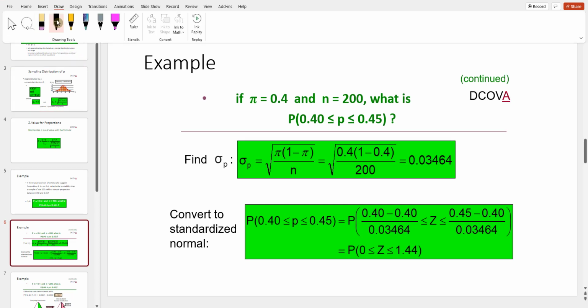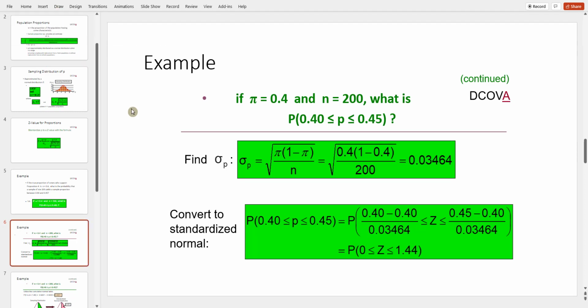You already know that the mean of the proportion is whatever the pi is, so our pi is 0.4. So we have this and we have this. Then you can go ahead and standardize, convert to z-scores, and then use your table.